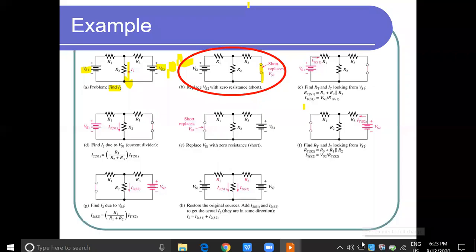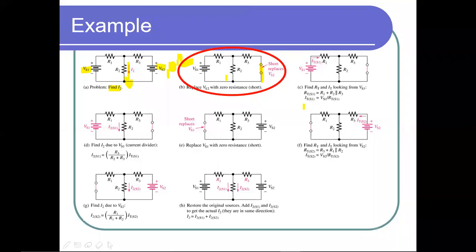So this is step one. In step one, you replace VS2 with a short circuit, its internal resistance of 0 ohms, and you activate VS1. For this, in step two, you can use simple resistive techniques, that is, series and parallel.